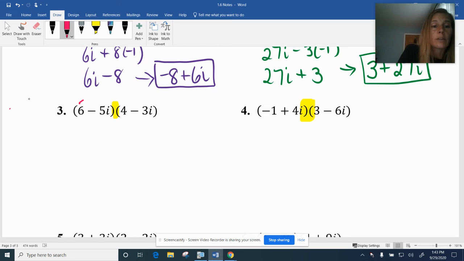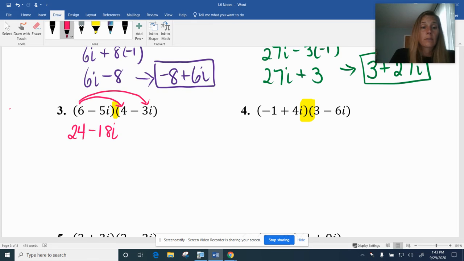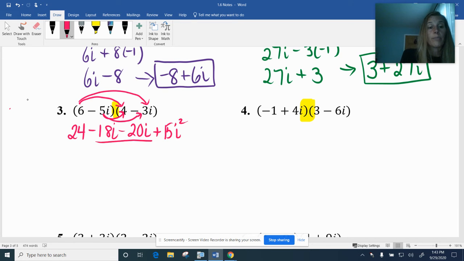Okay, this time we're getting into the distributing or the FOILing. So 6 times 4 is 24, and 6 times negative 3i would be negative 18i. Then we take the negative 5i and distribute that, so we get negative 20i and positive 15i squared. These two in the middle are both just regular i's, so they're going to combine.